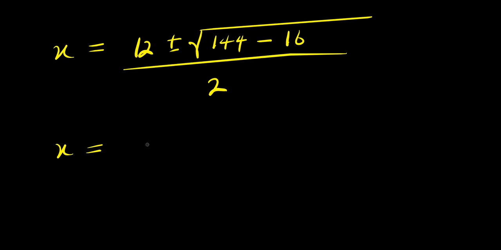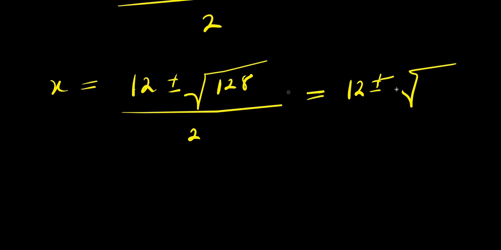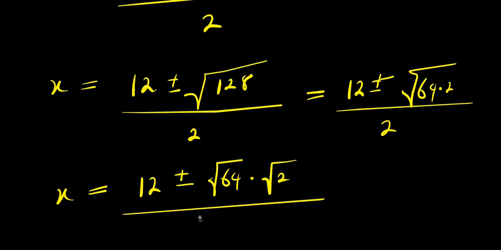Now we have x equals 12 plus or minus square root of 144 minus 16, which is 128, divided by 2. So this equals 12 plus or minus square root of 128 expressed as 64 times 2, divided by 2. So from here, x equals 12 plus or minus square root of 64 times square root of 2, divided by 2.